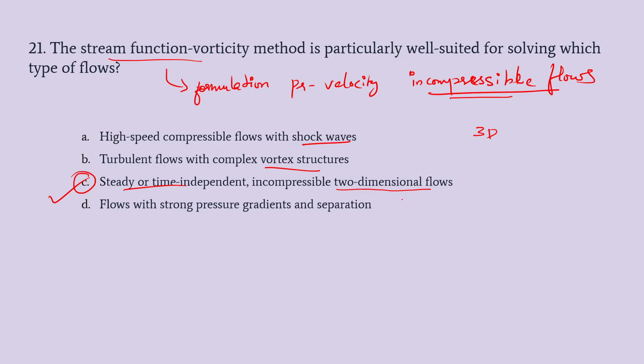Yes, true. This is a limitation of the stream function vorticity method. That is, we can only use this method in two-dimensional flows, because there is no stream function or psi defined in three dimensions.